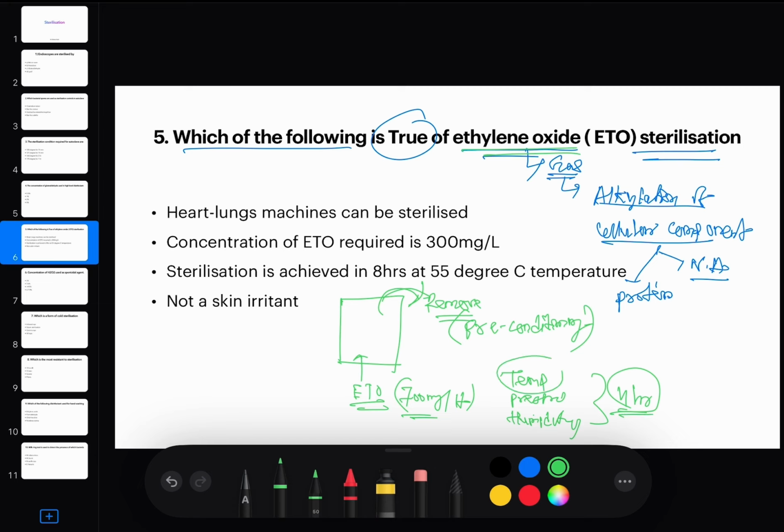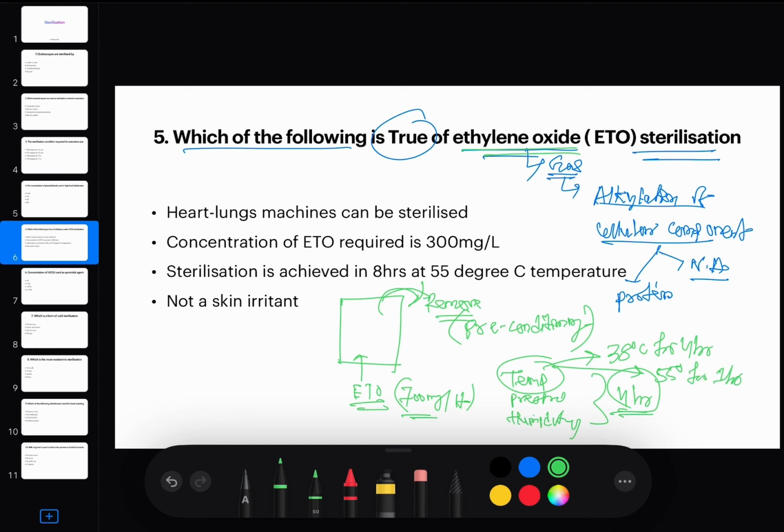The temperature is 38 degrees centigrade for 4 hours. If we increase the temperature to 55 degrees, then it is for 1 hour.